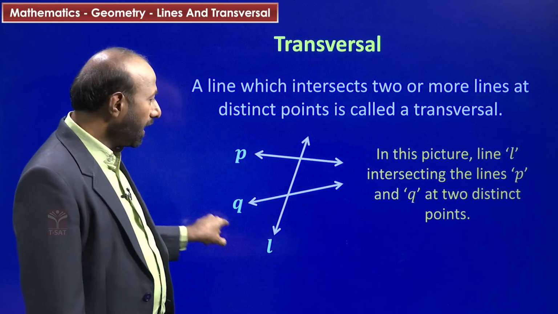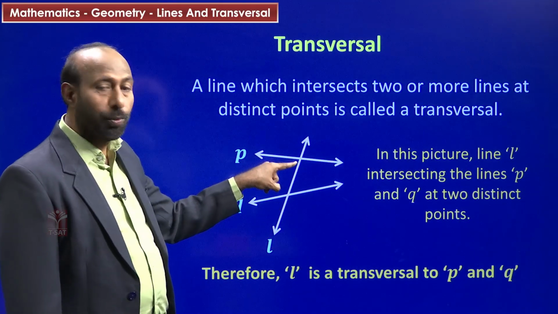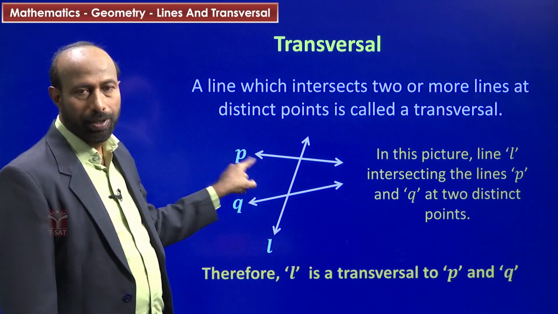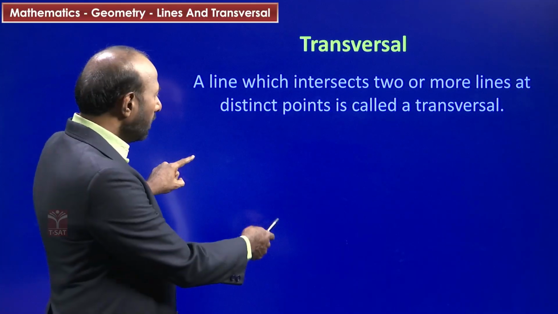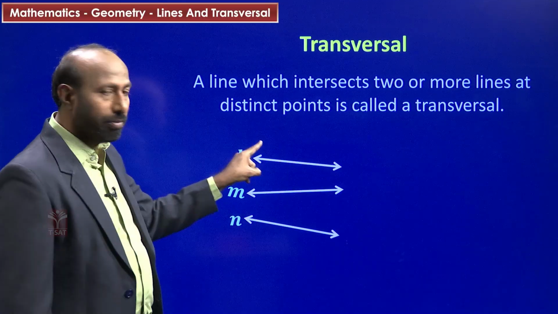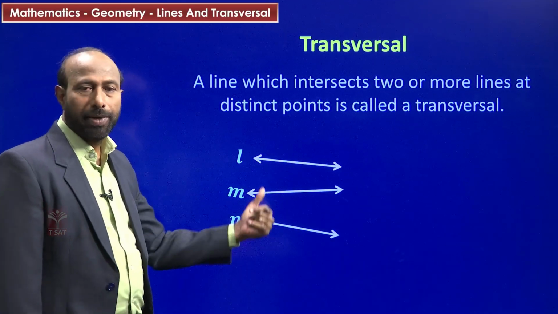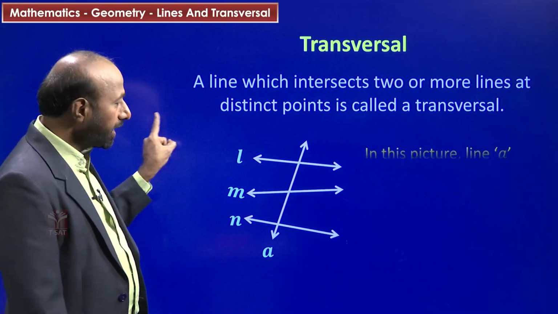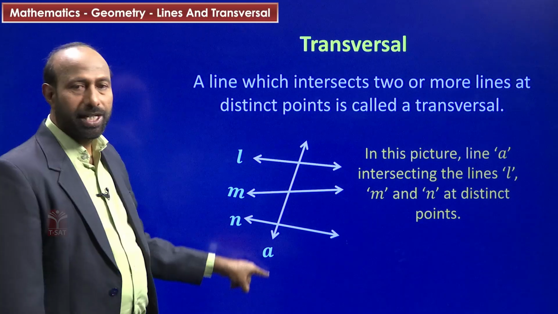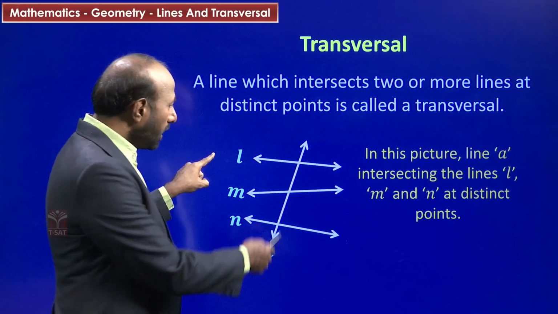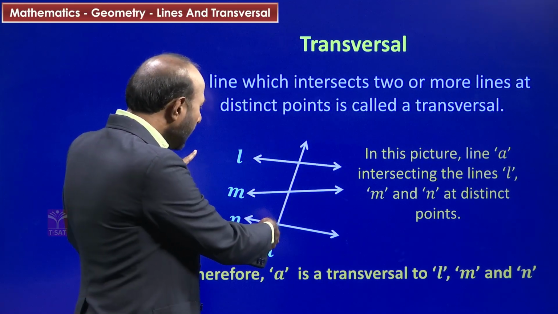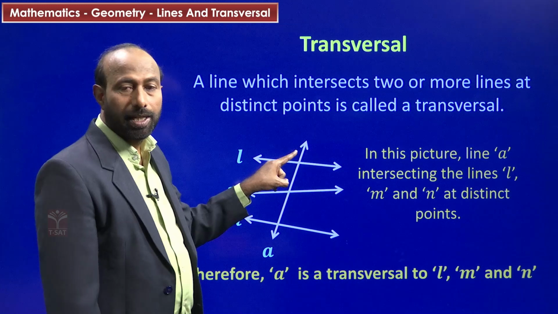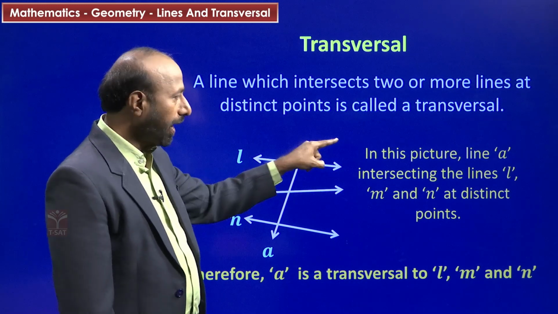So, L is the transversal to the lines P and Q. Next, here we have three lines L, M and N, and A is intersecting these three lines at three distinct points. So, the line A is called the transversal to the lines L, M and N.